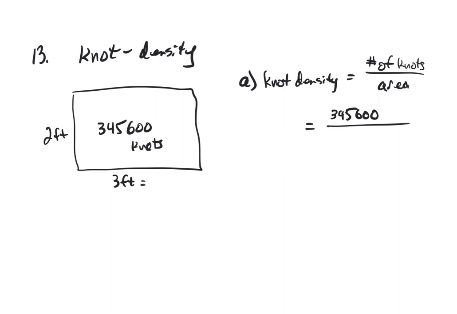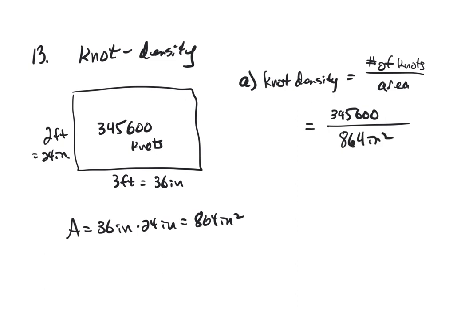So we have to convert. 3 feet would be 36 inches. 2 feet is 24 inches. And so the area then would be, in inches, 36 inches times 24 inches. So the rug would have an area of 864 square inches.